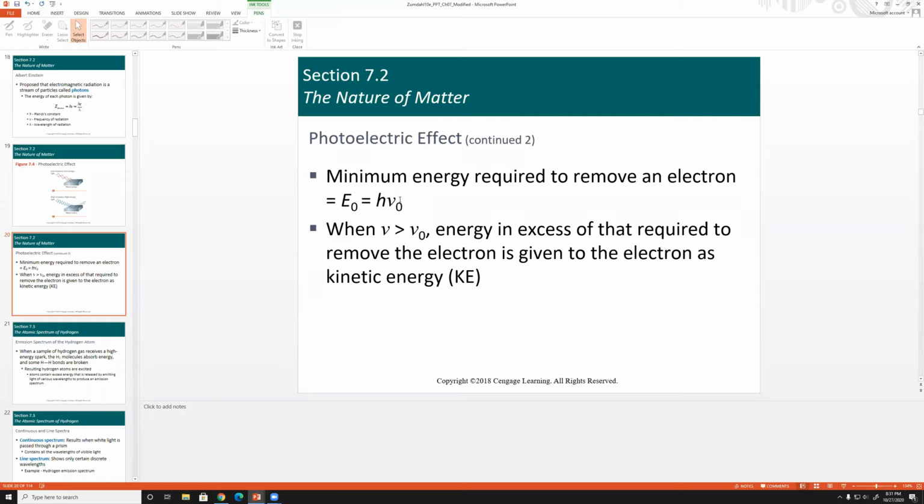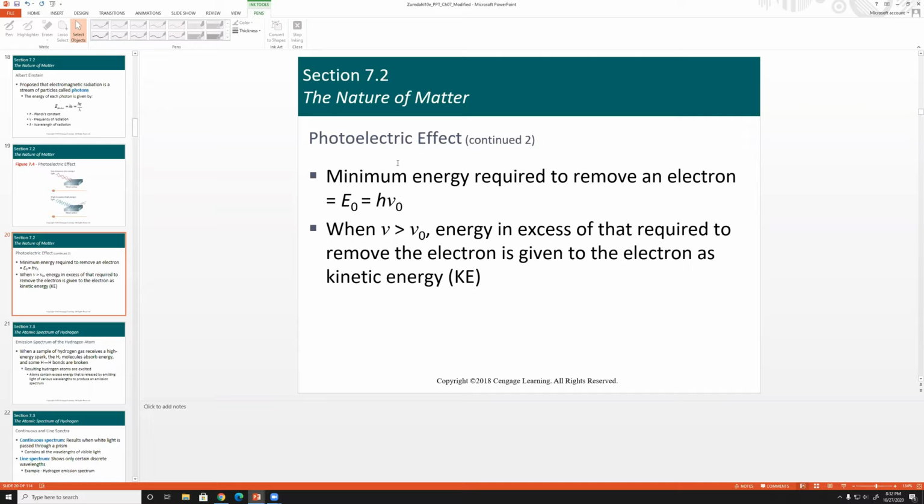So that's a thing to know. But here's what happens. When the frequency of the radiation is higher than the frequency required for the minimum energy, then that excess energy removes the electrons and gives them kinetic energy. And it removes them with a certain speed.